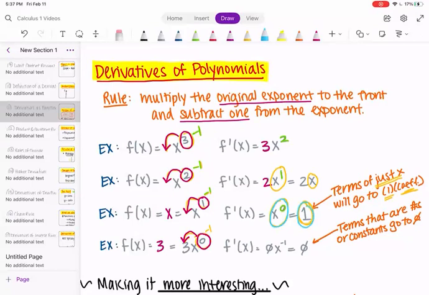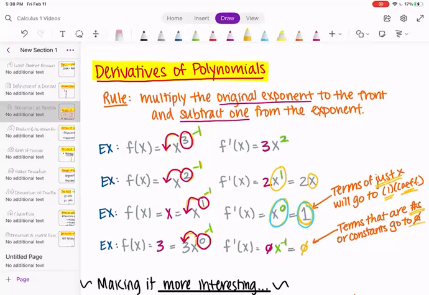So if I take 3x to the 0, I multiply 0 to the front, so I get 0 times 3. And if I do 0 minus 1, I get x to the negative 1. Multiplying those together, I just get 0. So the follow-up rule is that if you're taking the derivative of any constant, the derivative is 0.